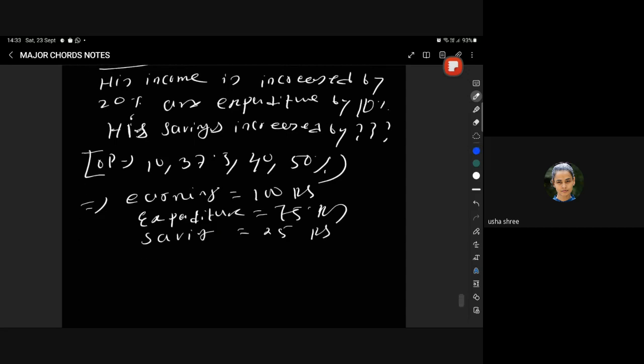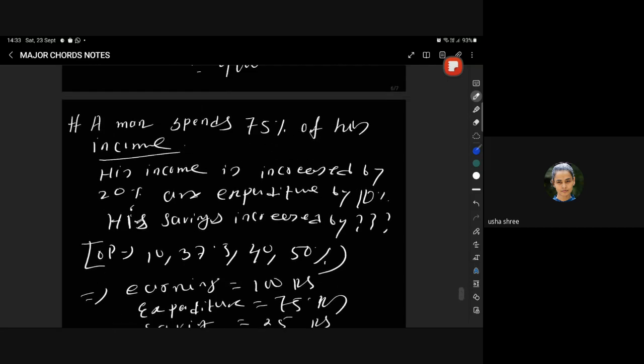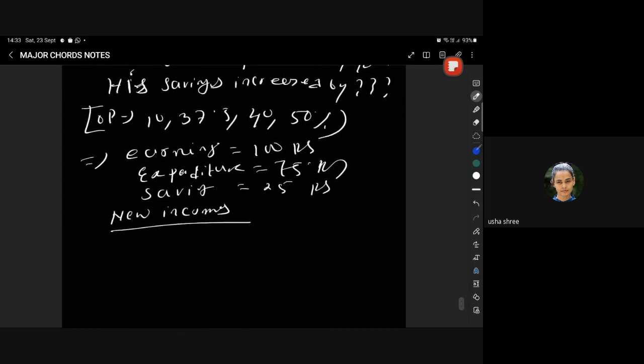Now see, new income. They have told you his income increased by 20%. So new income, previously it was 100 rupees, so now it will be 120 rupees. And expenditure increased by 10%.